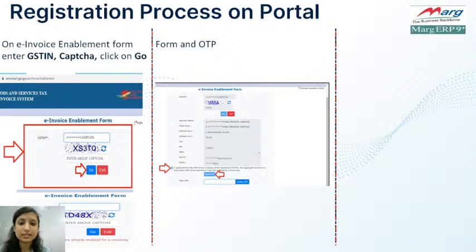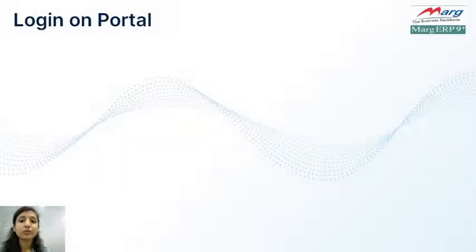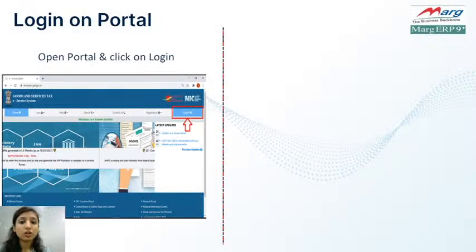Now click on send OTP. Thereafter, you will get this window where you need to enter the OTP received on your mobile number, and then create the login credentials for yourself. Then you need to click on save.